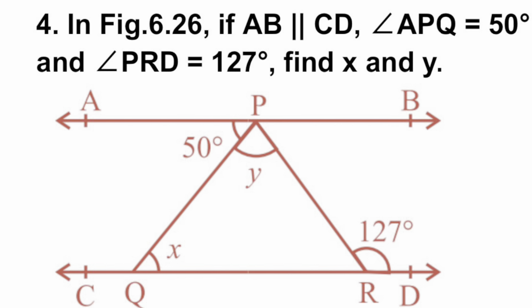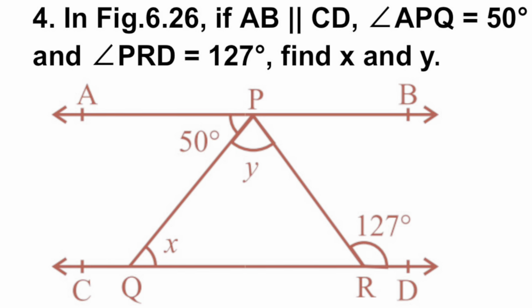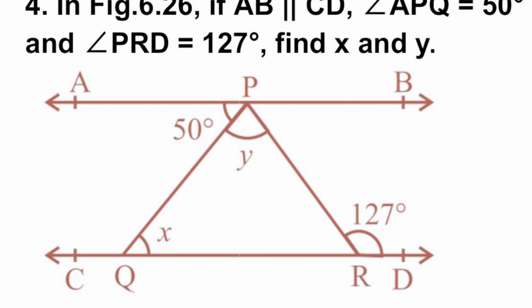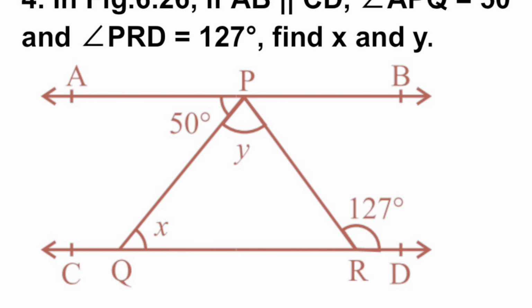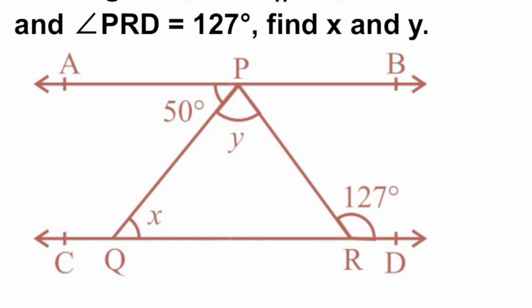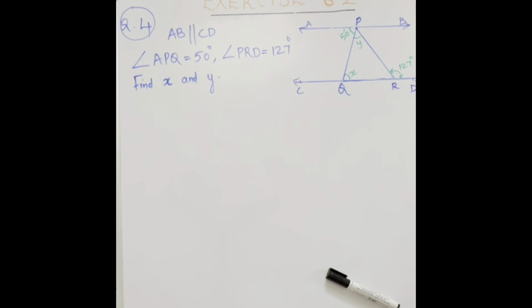Let's read the question first. In figure 6.26, if AB is parallel to CD, angle APQ equals 50 degrees and angle PRD equals 127 degrees, find x and y. Let's note down what is being given to us. It's given AB is parallel to CD, APQ equals 50 degrees, PRD equals 127 degrees.